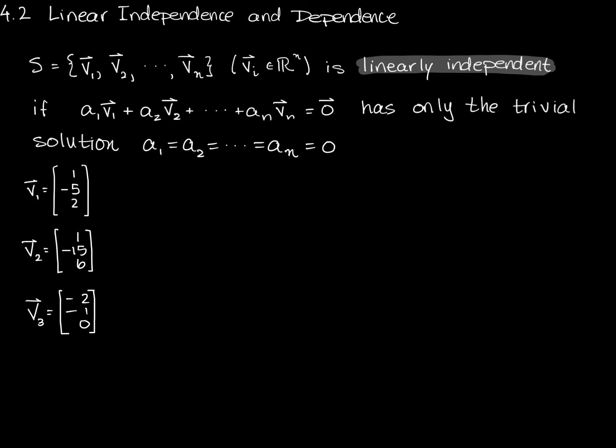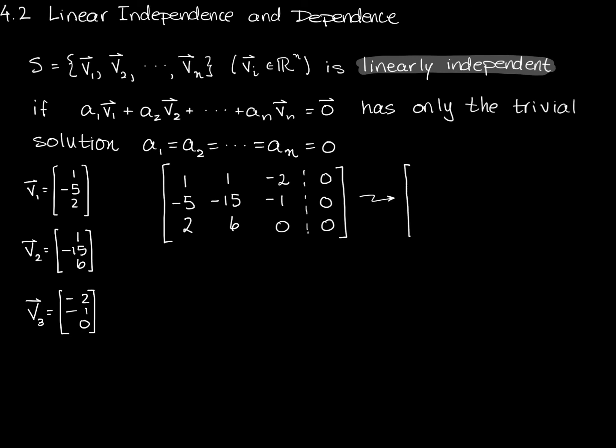I'm going to take the first column, 1, 5, 2, and then the second column, 1, -15, and 6, and the third column, -2, -1, and 0, and use that to create an augmented matrix with the vector made up of all zeros.